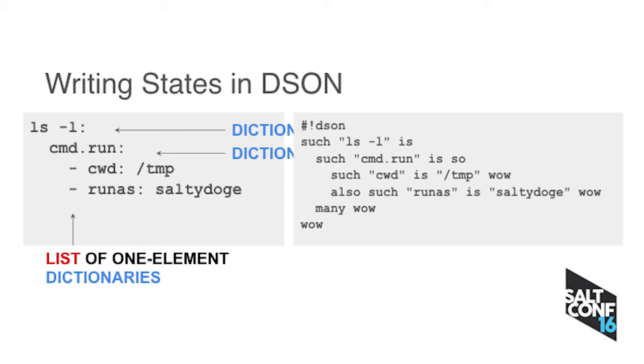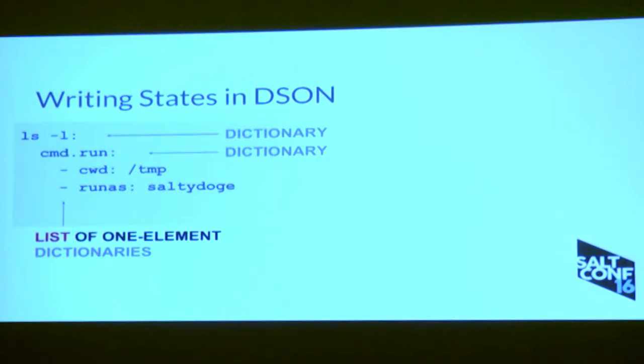So with YAML, everywhere you see a colon there, that is a dictionary. In the case here, you have a dictionary, the top level key being ls-l. Its value is a nested dictionary, which itself points to a list of elements, each of those being a one-element dictionary.